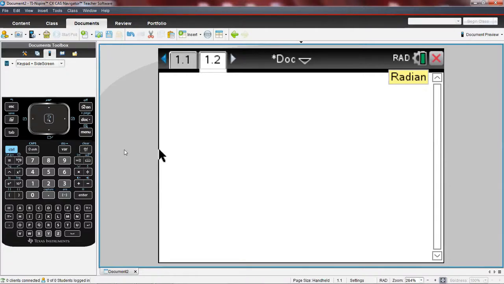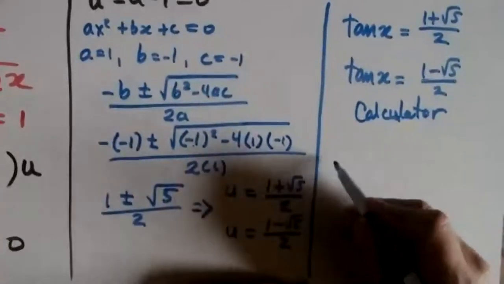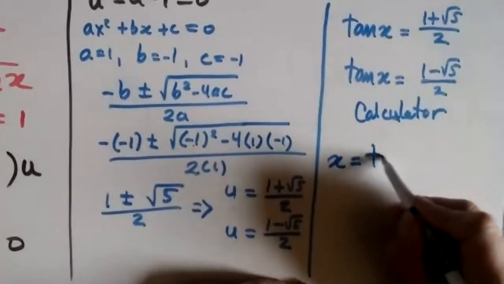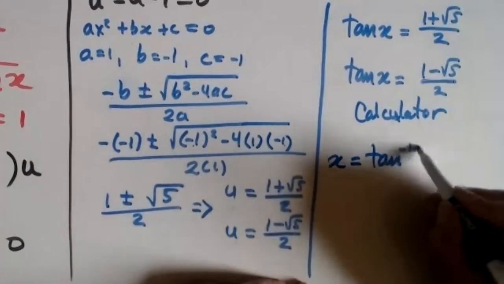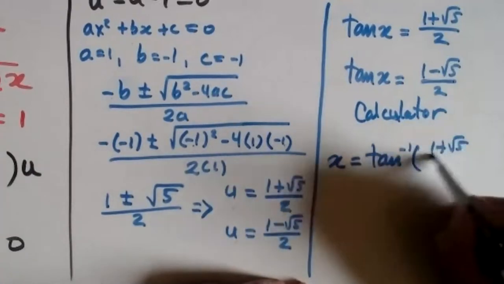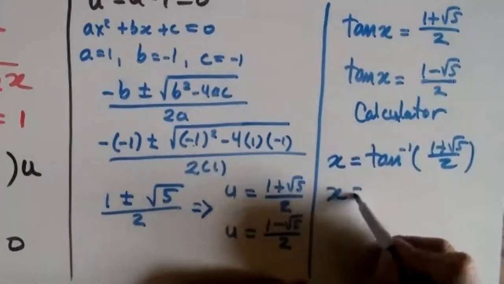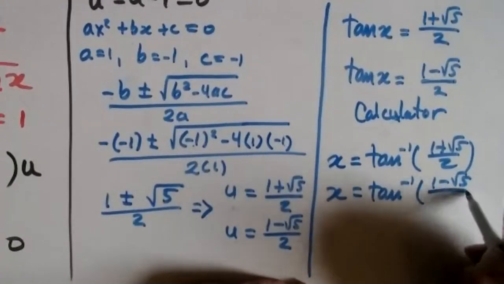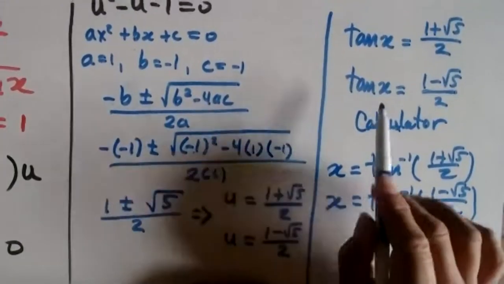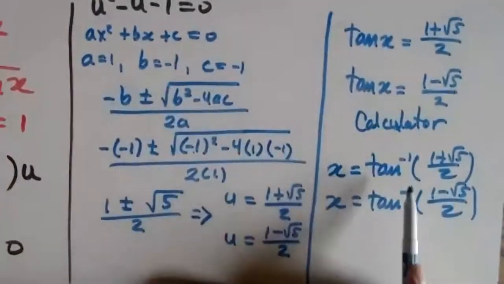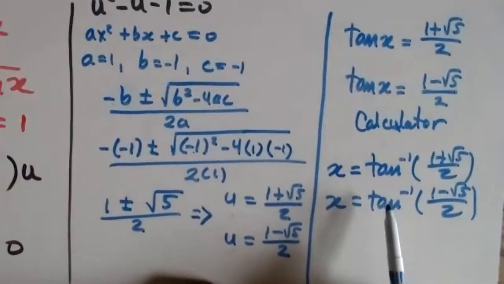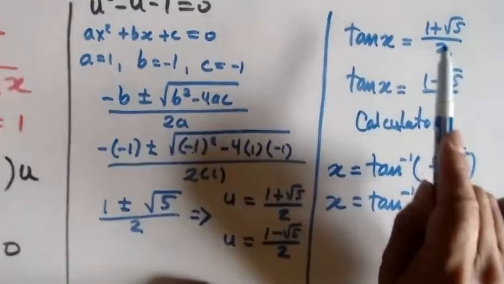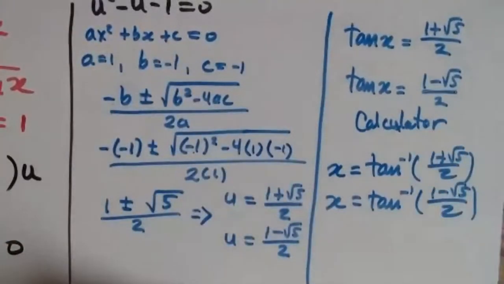So what I have to use is this: x is the tangent -1 of 1 plus the square root of 5 over 2, and x is the tangent -1 of 1 minus the square root of 5 over 2. So we have to use the inverse function. The inverse is tangent -1, or the arctangent, it's the same. Then you take the arctangent of these two numbers. This is what the calculator is going to do for you.